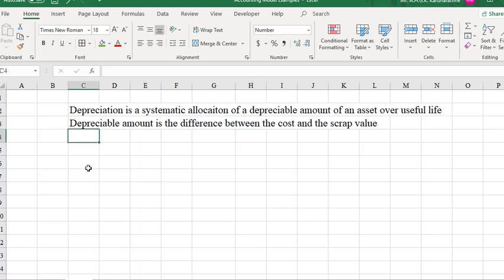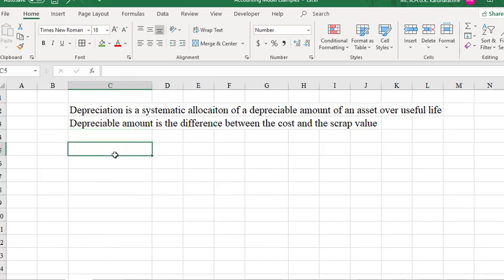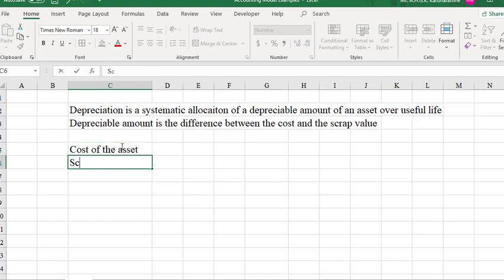So accordingly, to come to depreciation, how many inputs are needed? I already showed in the previous model that we need this information: the cost of the asset, the scrap value, and the useful life.